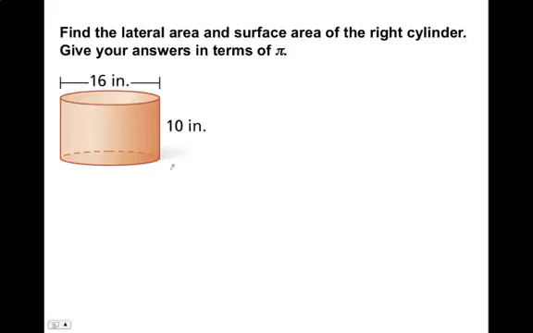So here they want us to find the lateral and total. Here they want us to give our answer in terms of pi, which means that symbol pi should remain in our answer. So let's look at the lateral. Here is my formula for lateral surface area of a cylinder. We have a radius, we have a height.